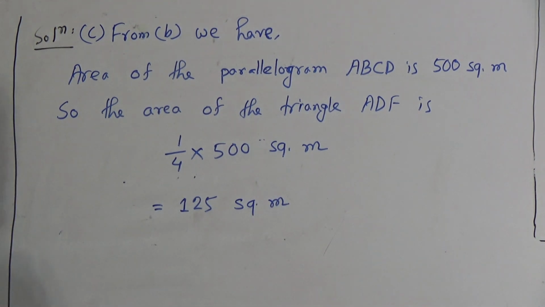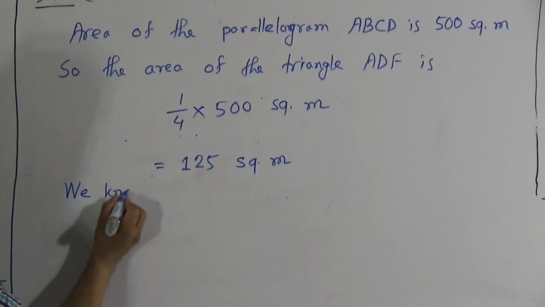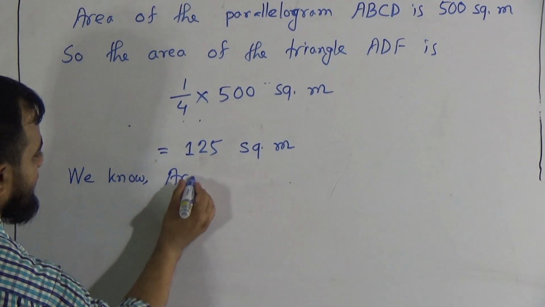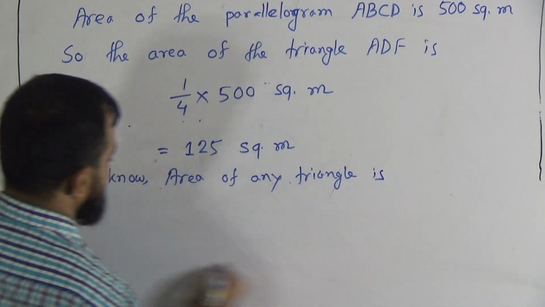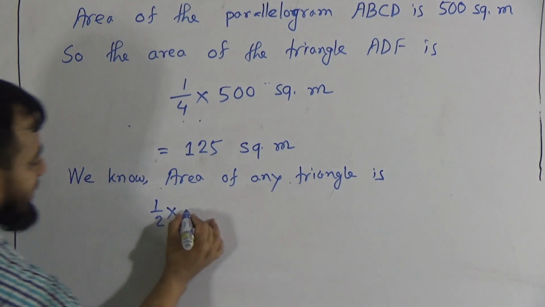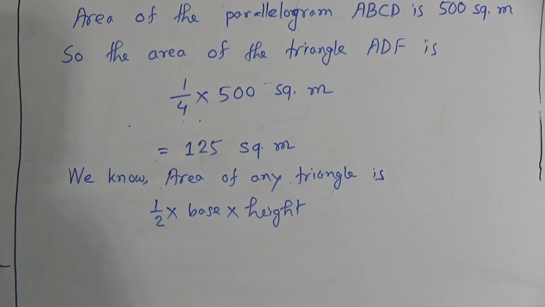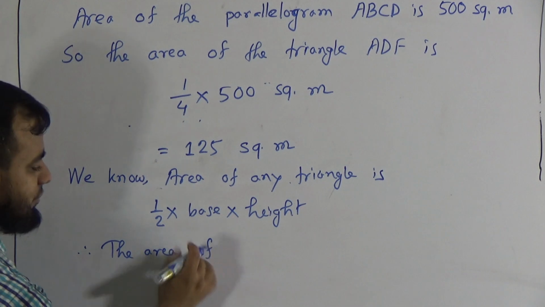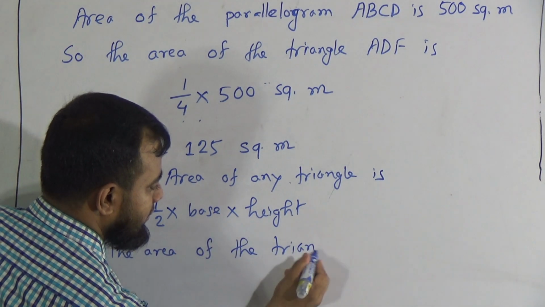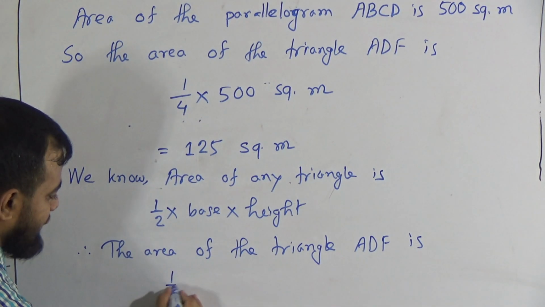My dear students, we know the area of any triangle is half multiplied by base multiplied by height. So the area of triangle ADF is half into base.